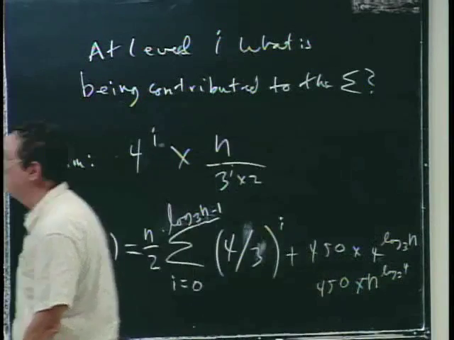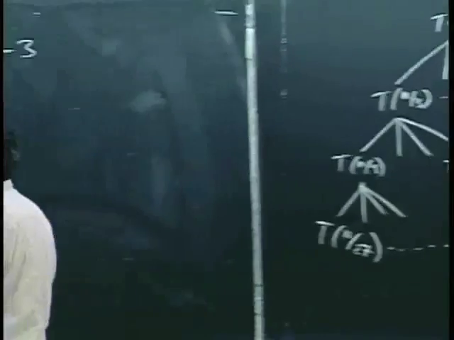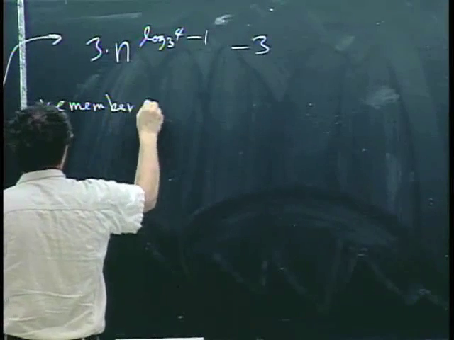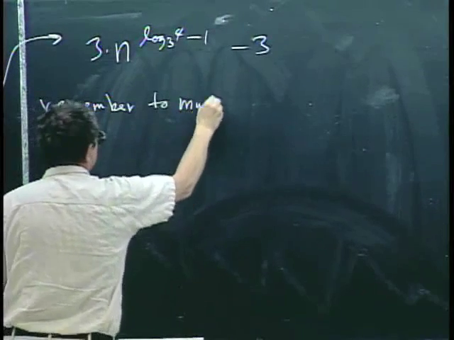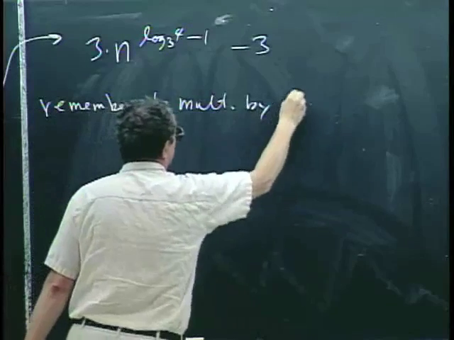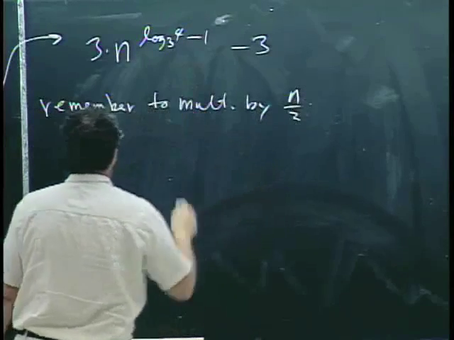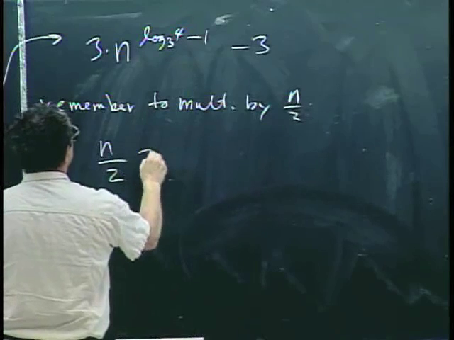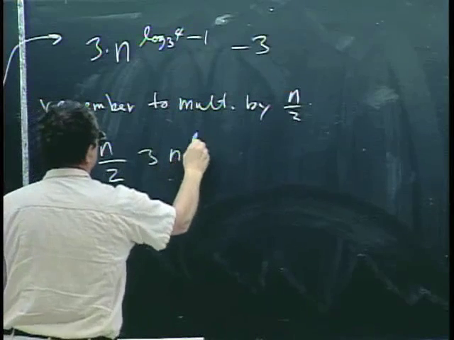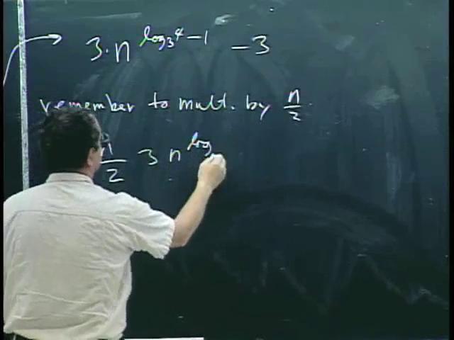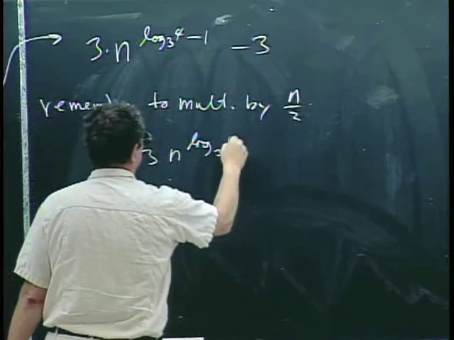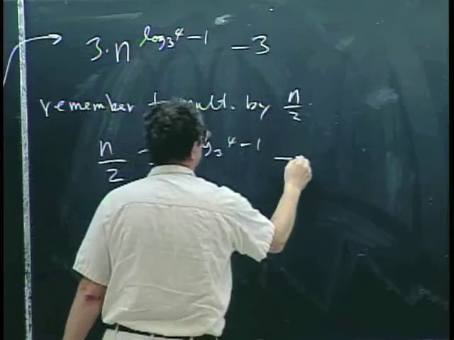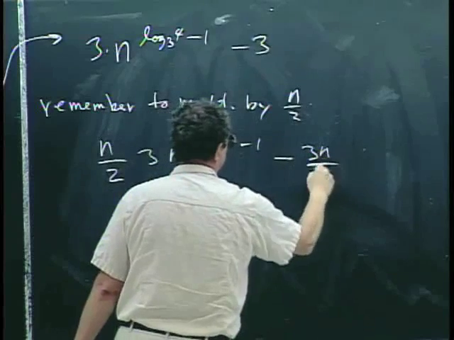This we were working on over here, but now remember to multiply by n over 2. We can clean this up a little bit more. n over 2 times 3n log base 3 of 4 minus 1. The n over 2 multiplies by the 3 also, so 3n over 2.